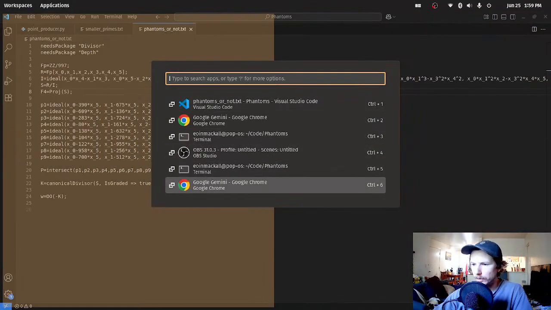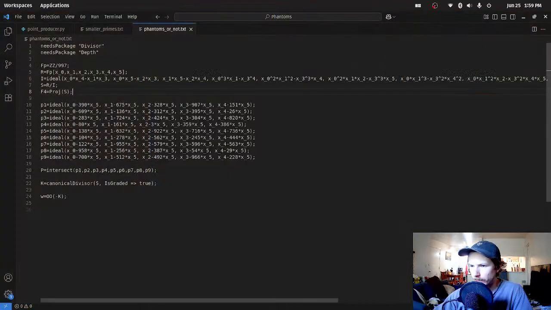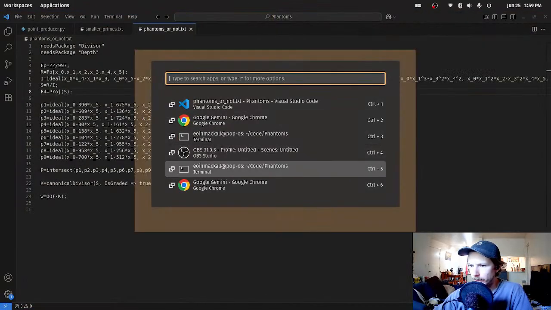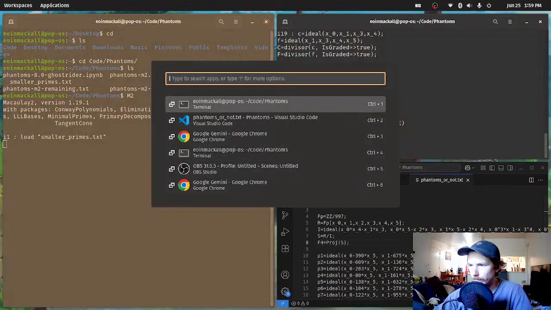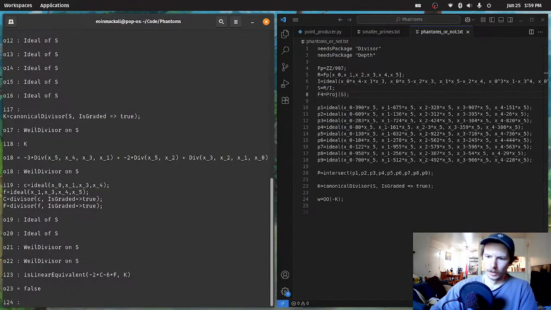So one thing that I can do is just check the thing that I... okay, so one thing that I'm not convinced by is, I guess maybe just that the canonical divisor function is not doing what I think it should.